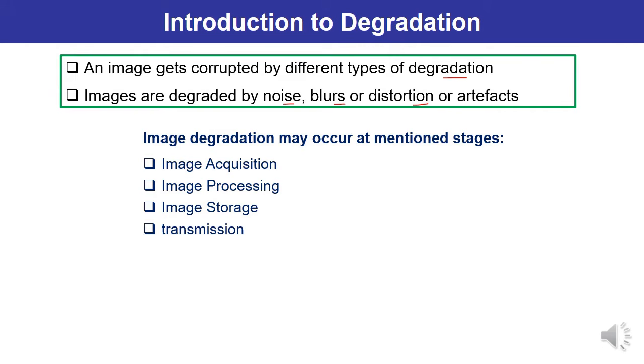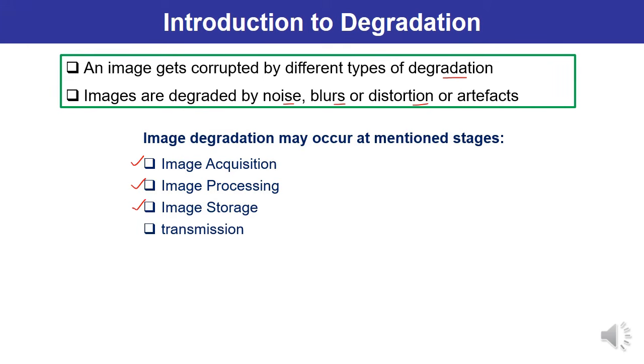Now, image degradation may occur at various stages. What are those stages? Image acquisition, meaning during capturing the image. If you are clicking a photograph, this is the first and foremost requirement: you must have an image, then only it will be processed. So during image acquisition, the image may be degraded. During image processing, image quality may get degraded.